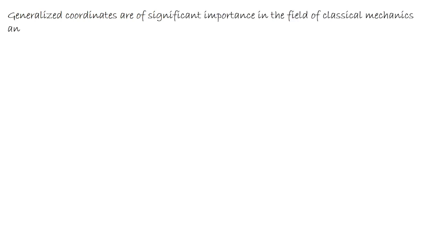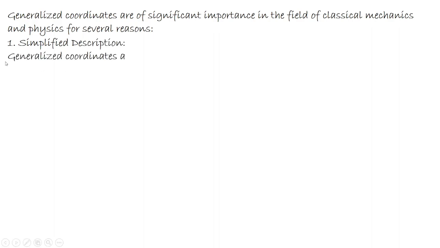Before entering into the generalized coordinates, let us look at some significant importance in the field of classical mechanics and physics, and the reasons why we are choosing these generalized coordinates. What is the important role of generalized coordinates? First, simplified description.